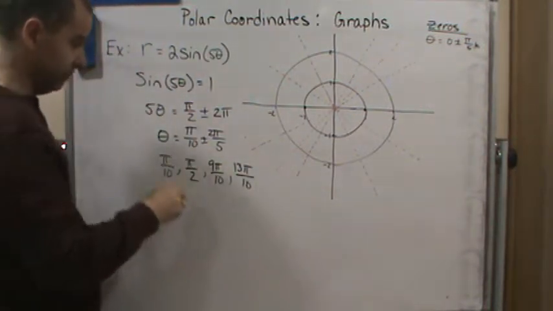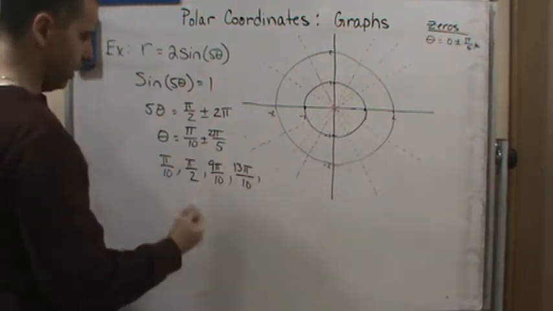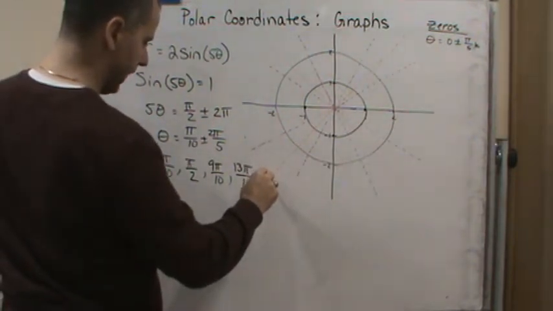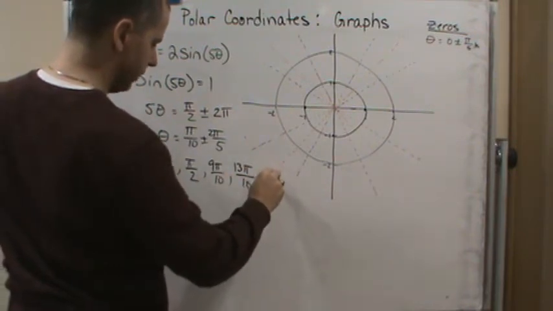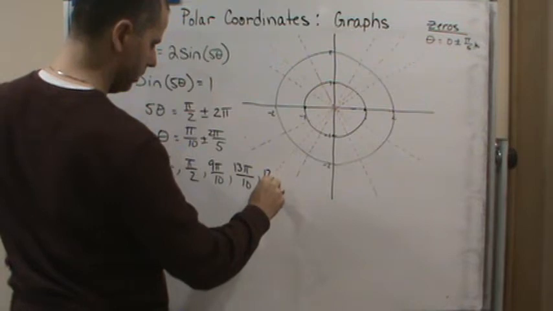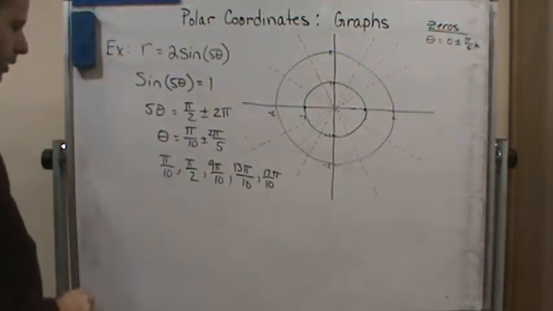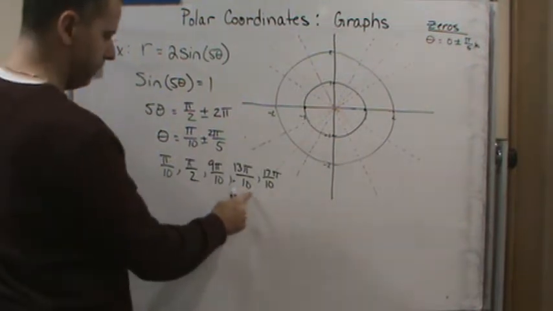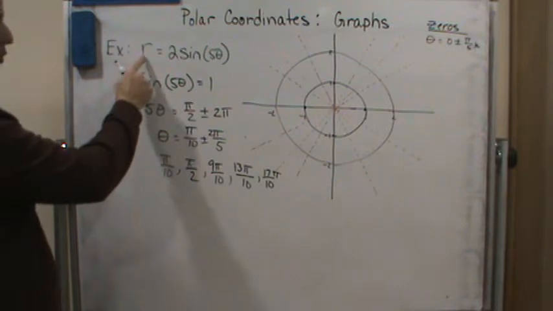And then the last one is going to be at 17 pi over 10. So those are the angles where the radius is going to be 2.